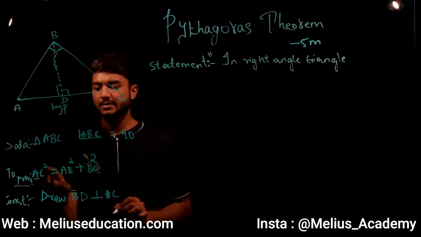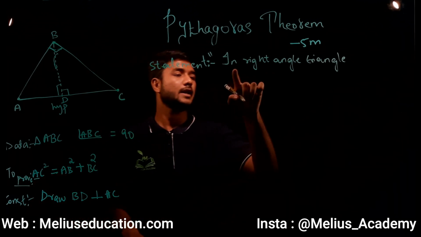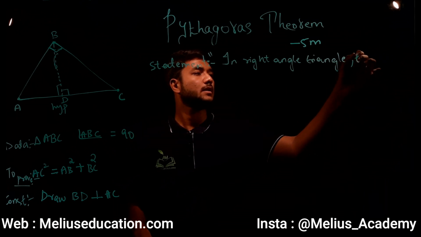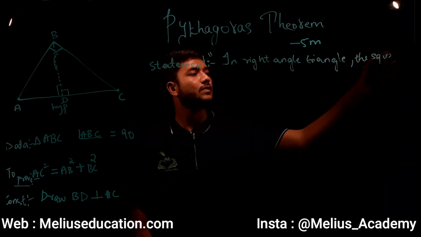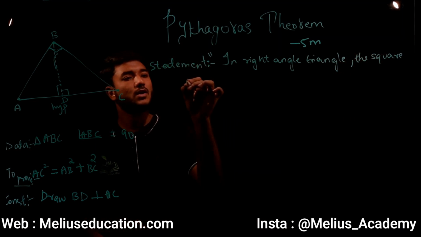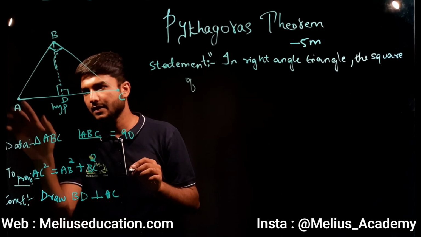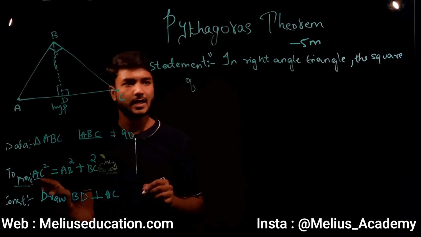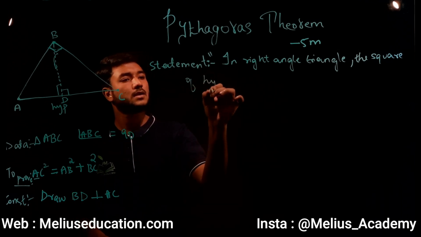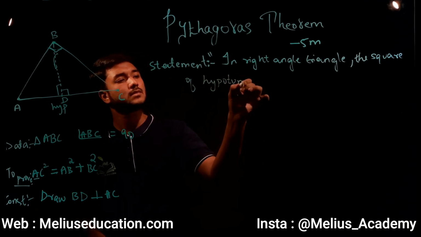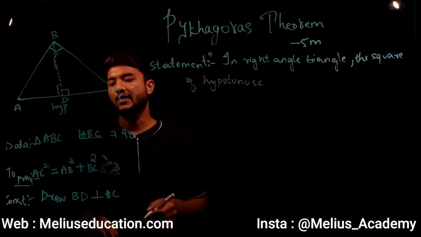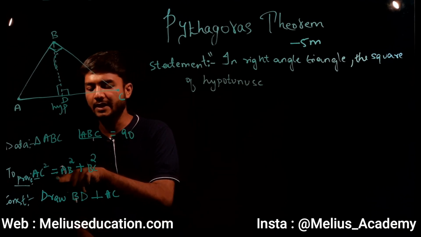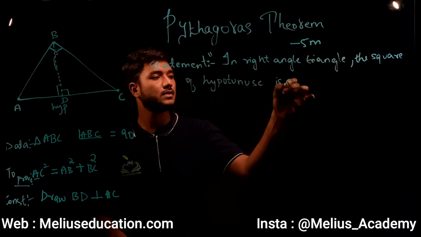So now come to the proof part. What is this? Our square, right? In right angle triangle, the square of what is AC? Opposite to 90 degree, that is hypotenuse. The square of hypotenuse, and what is the symbol representing here? Is equal to.